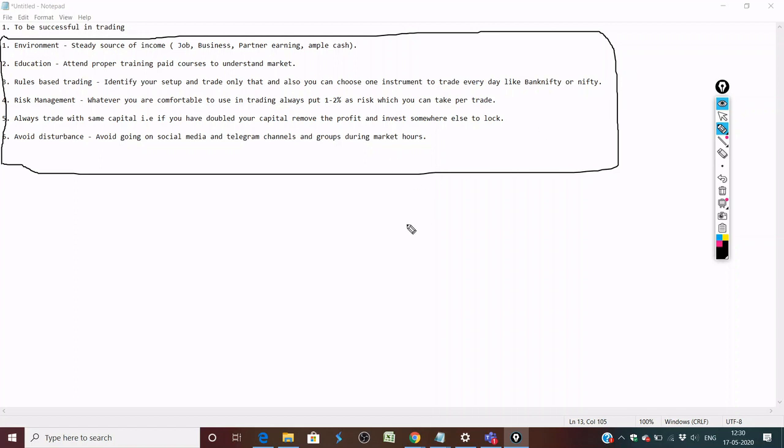Most of the people are losing their jobs these days, so it's better that you don't enter into trading with this kind of mindset. Always create multiple sources of income from somewhere else. Most of the traders these days, you can see they have a YouTube channel, they have training income, they have sub-brokership income, and then they have trading income.